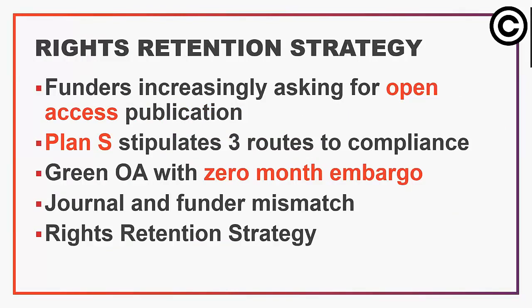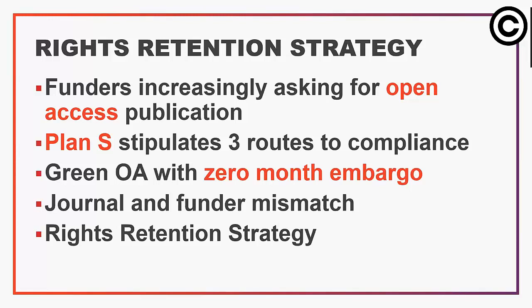So thinking about funders and the way that research funding can affect copyright decisions, research funders increasingly are asking for open access publication. And this has specifically grown as a result of Plan S, which is a strategy or a set of rules that has been created by Coalition S. So Coalition S are an international consortium of research funders, a group of research funders, and this group includes funders such as the European Commission, Wellcome, and also UKRI.